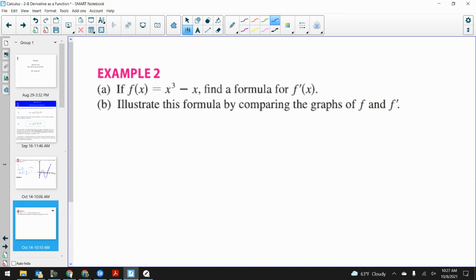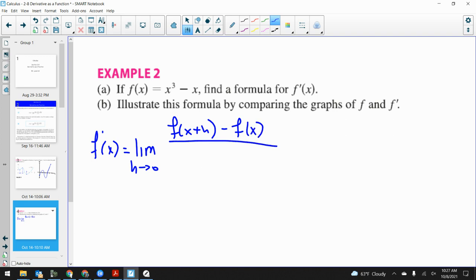All right, we've got x to the third minus x. Find the formula for f prime of x. Okay, so f prime of x is the limit as h goes to 0 of f of x plus h minus f of x, all over h.